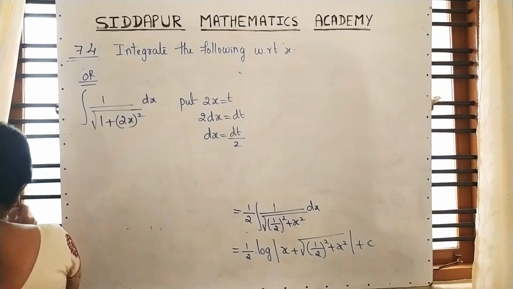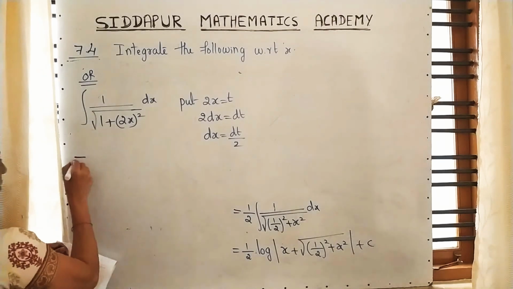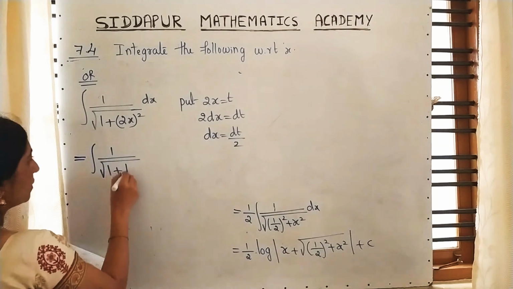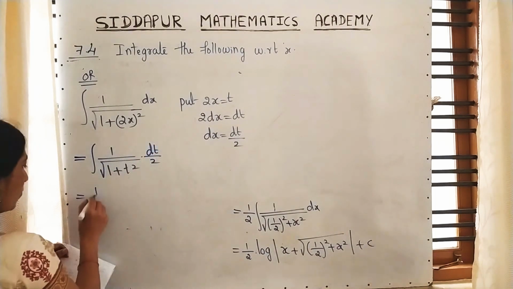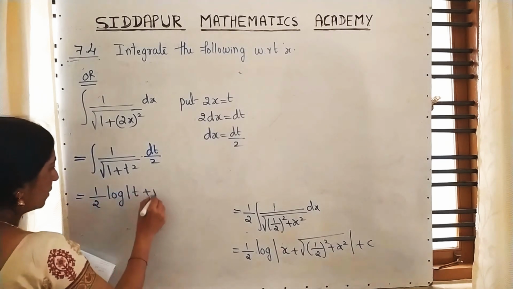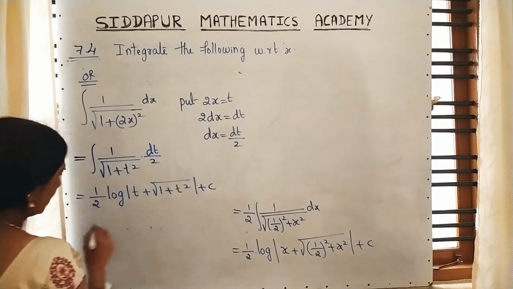So the given problem will be written as 1 upon root of 1 plus t square into dt by 2. 1 by 2 log of t plus root of 1 plus t square plus c.